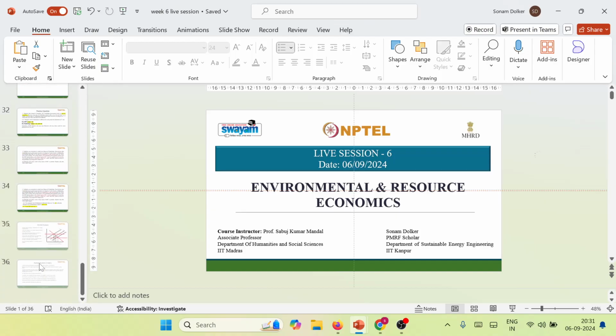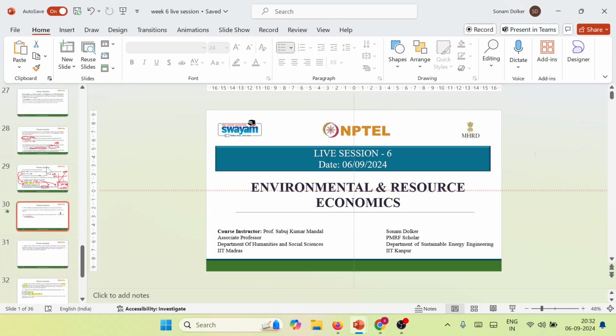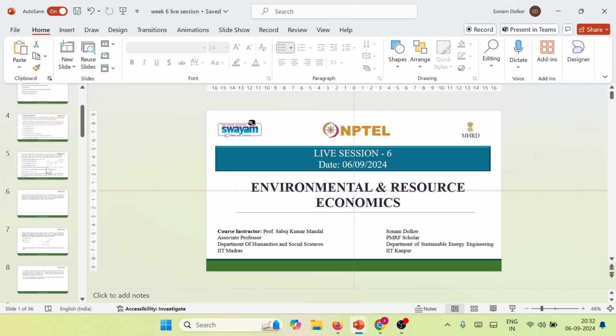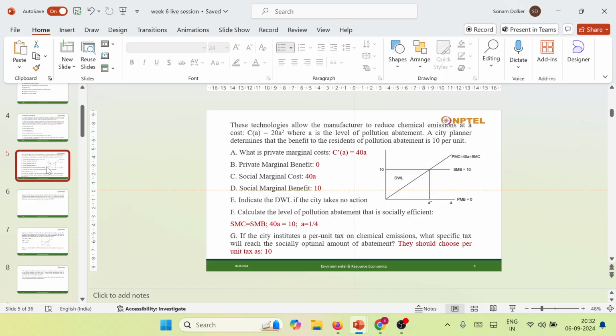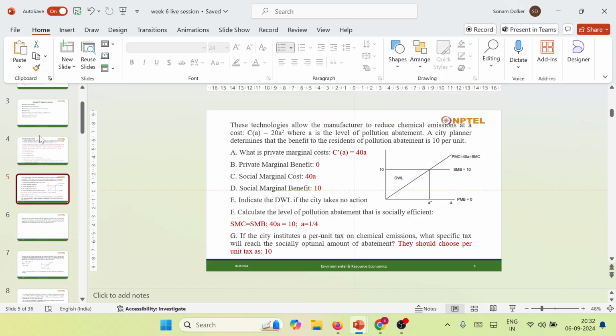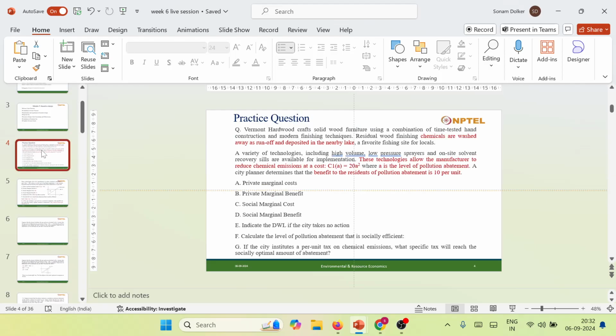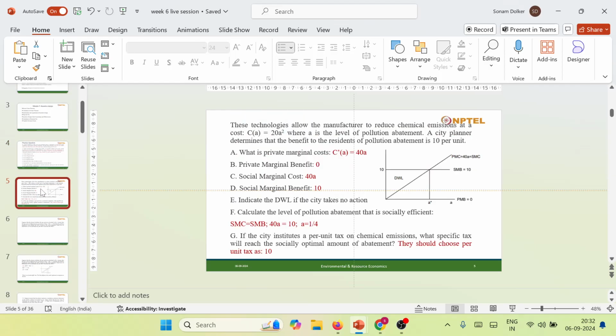Here in this lecture, we have actually tried to solve some questions. So the previous question was on the cost theorem, and you'll get the slides also. The cost theorem question we have tried to solve, and then we come to the next question where we are trying to solve the emission tax system, and we are finding the private marginal cost, social marginal cost, and then marginal benefits.